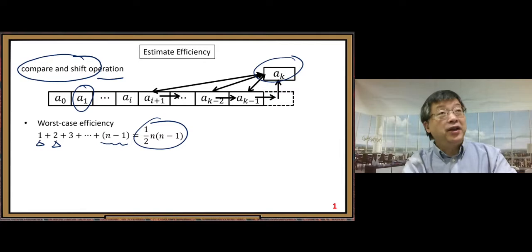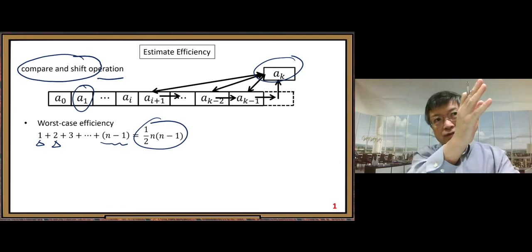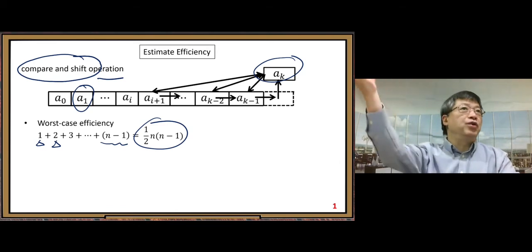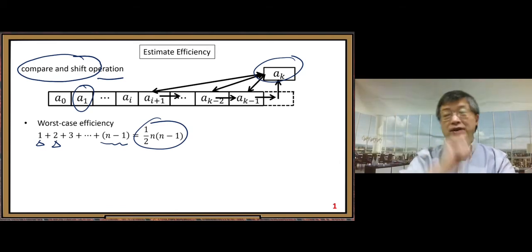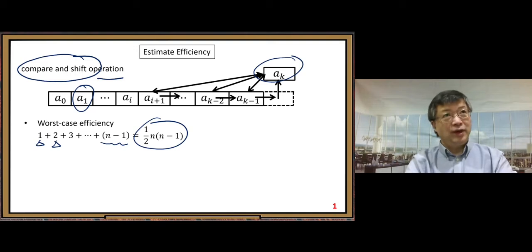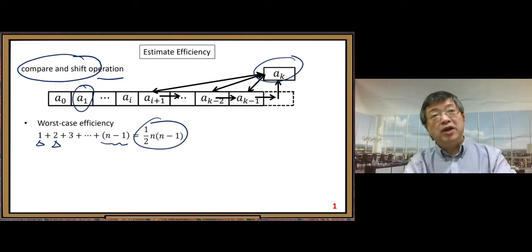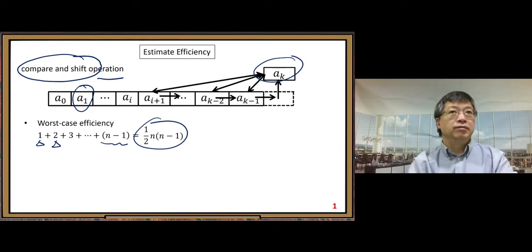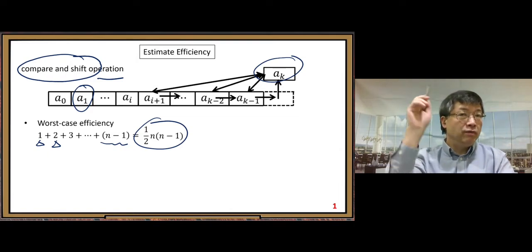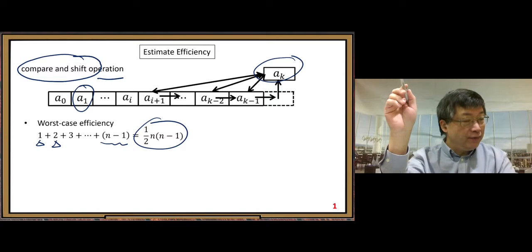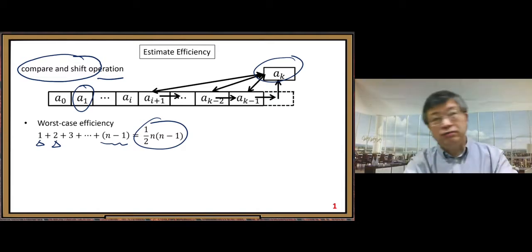Next, the best case is also very easy. For the first comparison, we get it sorted. We only need one comparison. The new element is greater than the first element, then we just put it right there, in the last position.